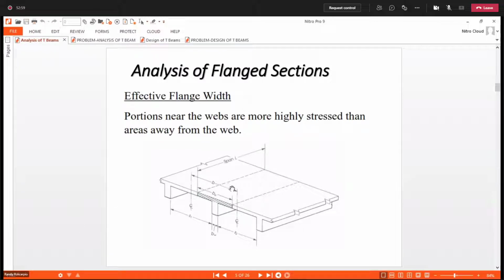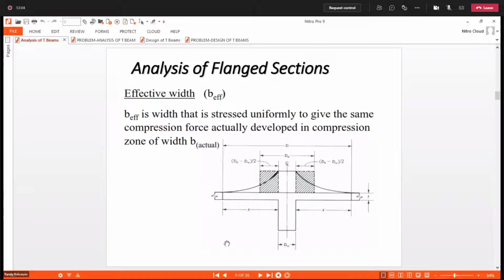Okay, so to visualize this, we have now here the stress distribution. Ito yung ating stress distribution. It's actually parabolic in shape, no? Zero at the end. If we will have here a T-beam, it is zero here, then gradually increasing near the face of this beam. Okay, so dito maximum. So similarly on the other side, ganun din.